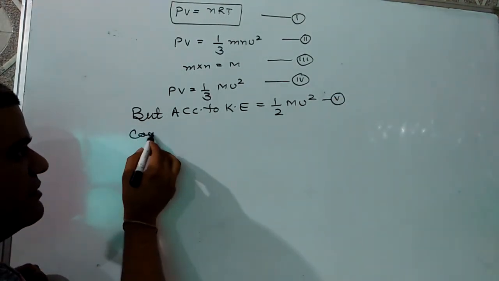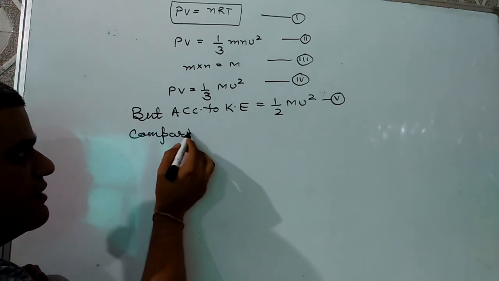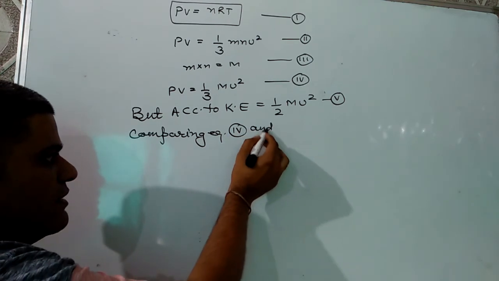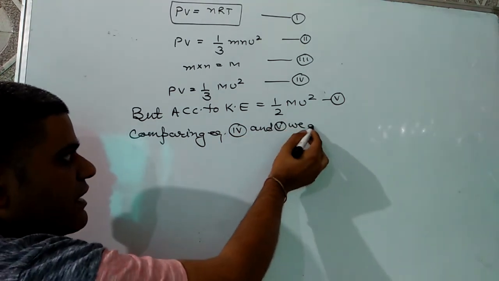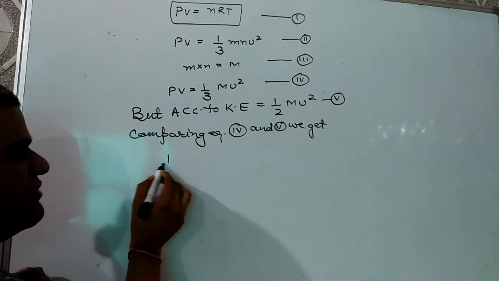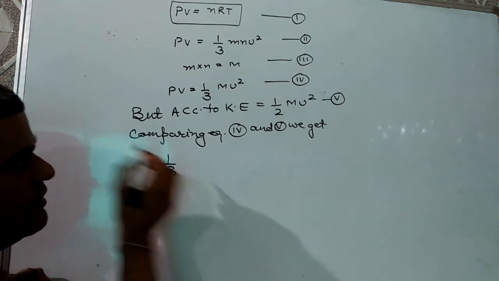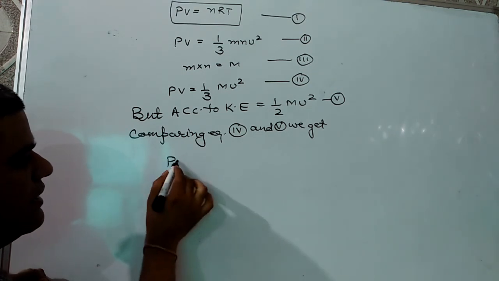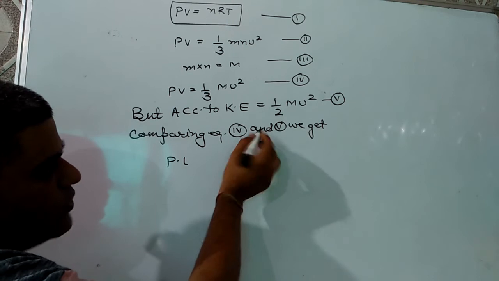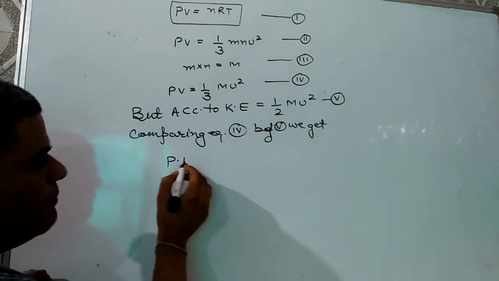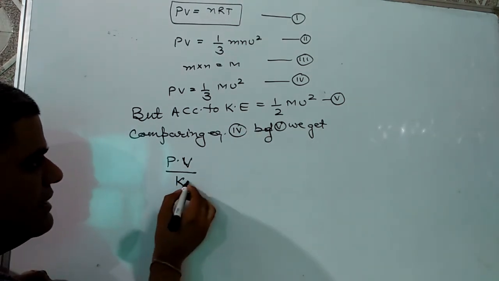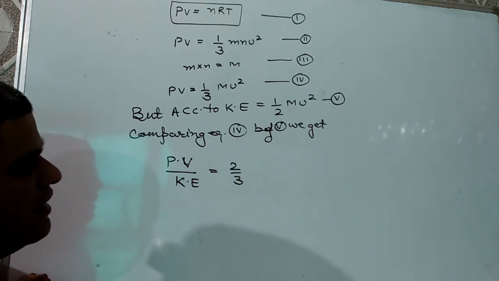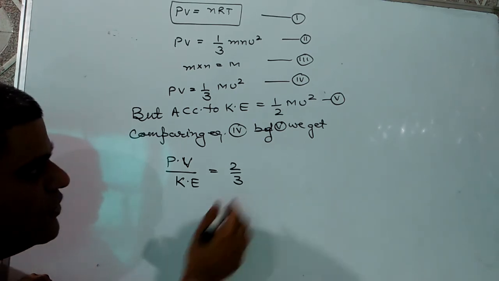Comparing equations fourth and fifth, we get 1 by 3 PV... kinetic energy, or dividing equation fourth by fifth, we get PV over kinetic energy is equal to 2 by 3.